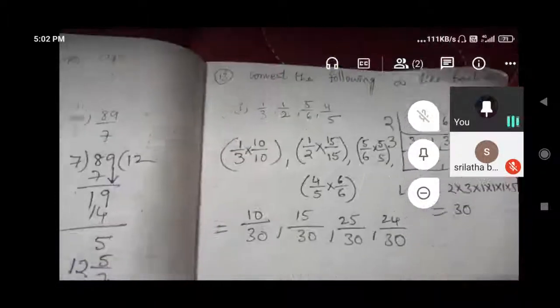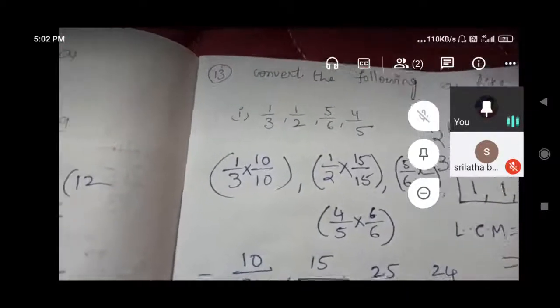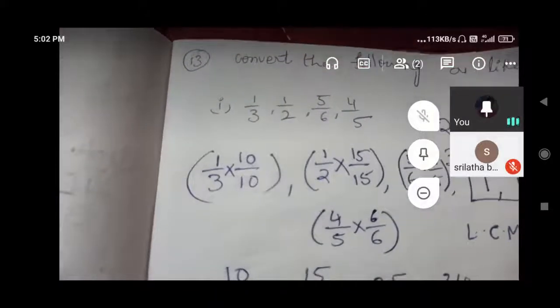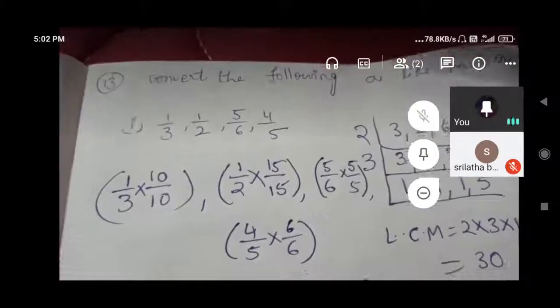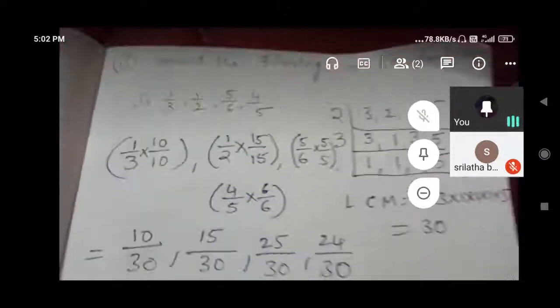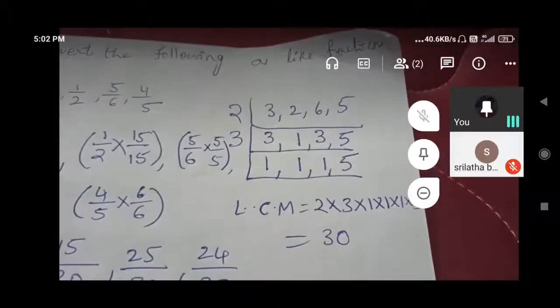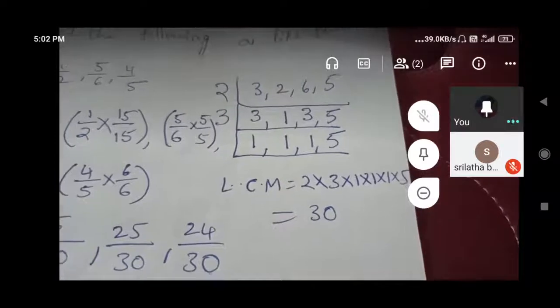So here also I did like that. 1 by 3, 1 by 2, 5 by 6 and 4 by 5. These are unlike fractions because all the denominators are different. To make these like fractions, we take the LCM of the denominators 3, 2, 6, 5, which is 30.